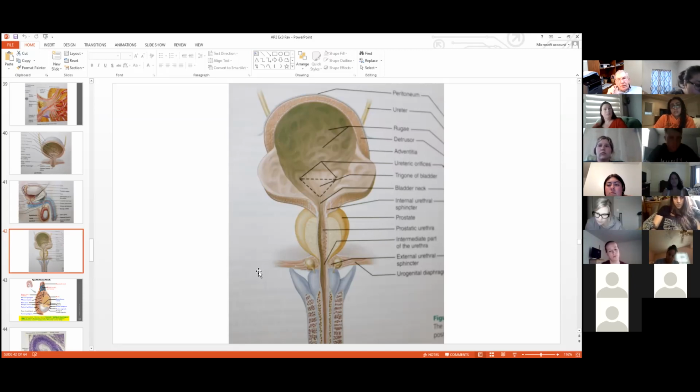But if your PSA is elevated, that probably indicates you have way too many cells. And anytime a gland in your body has too many cells, you suspect cancer. You suspect that it's a tumor. So the PSA is an indicator of prostate cancer. PSA doesn't mean you have cancer, but it is an indicator. If you have a high PSA count, you certainly want to be checked for prostate cancer.